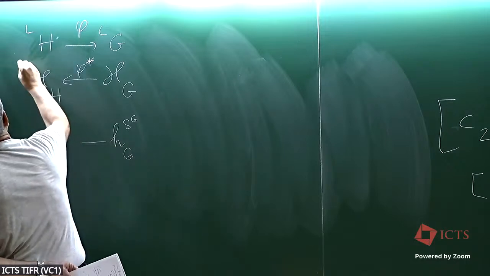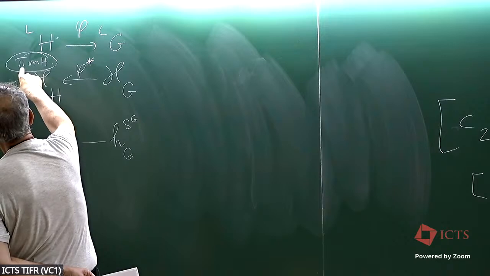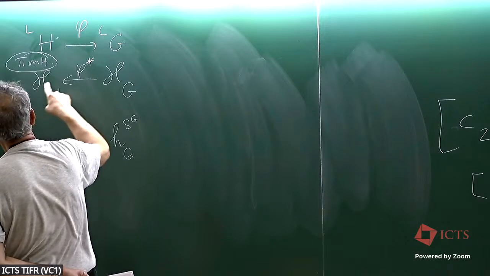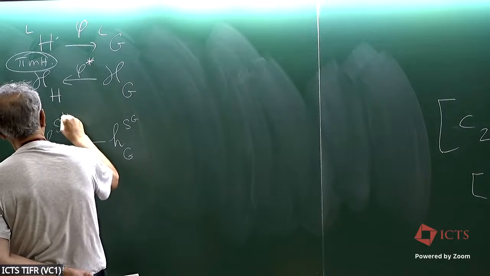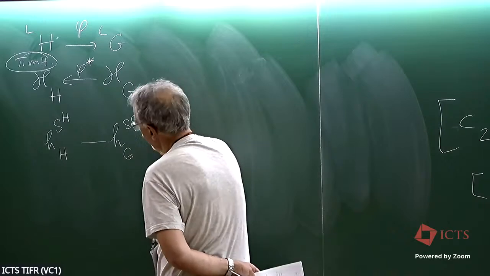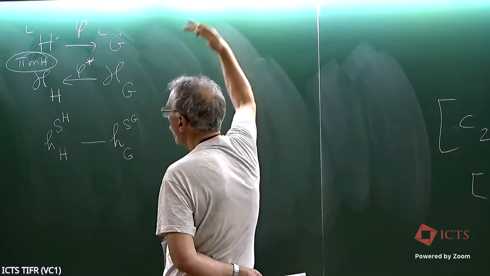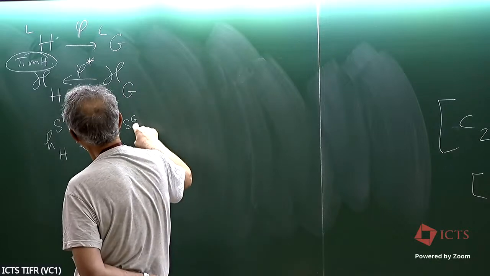We start with some pi here, pi on H. So it has some ramification locus, let's say SH. The base change will have the same ramification over F. So you have the corresponding ramification set here.